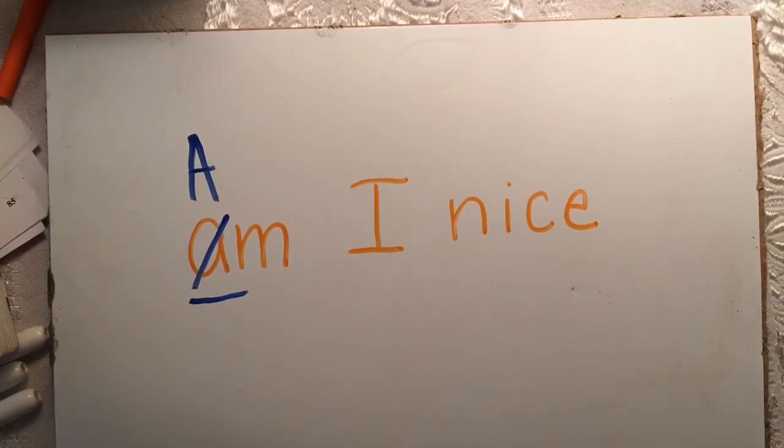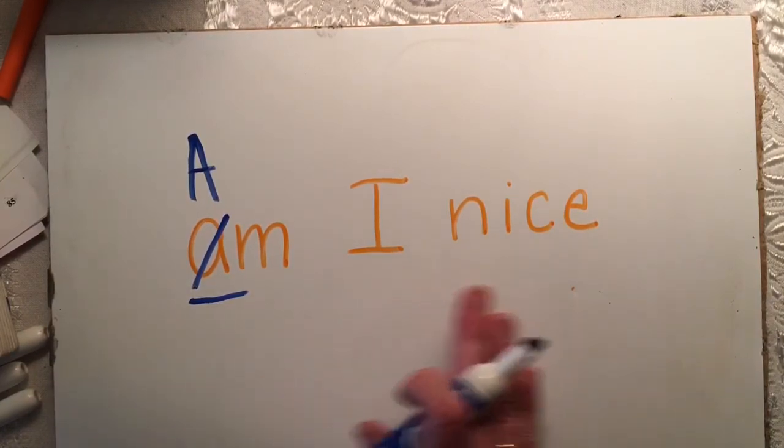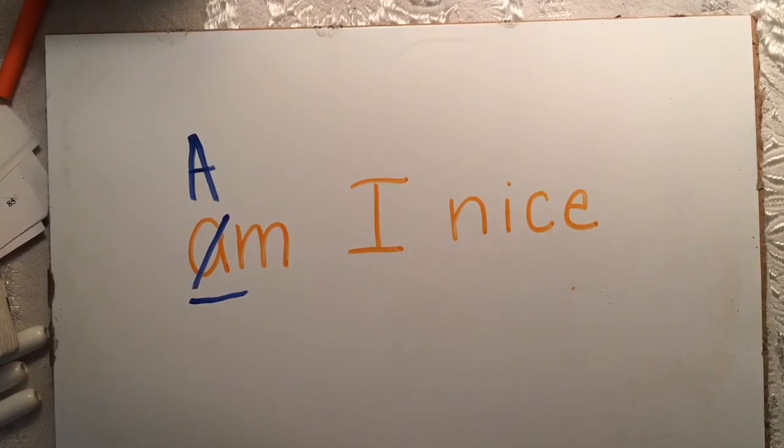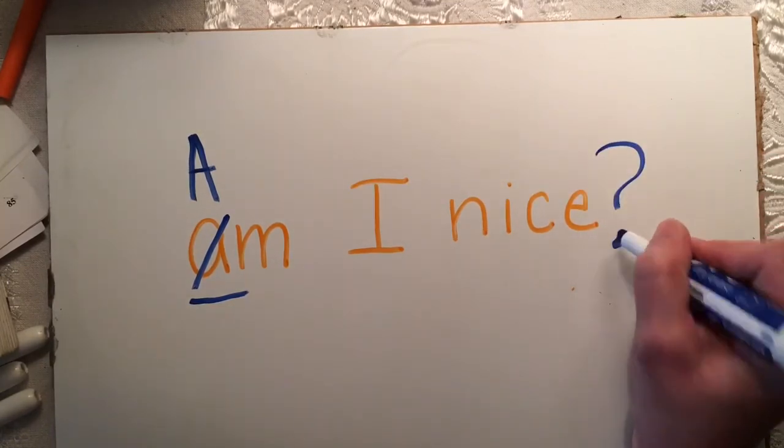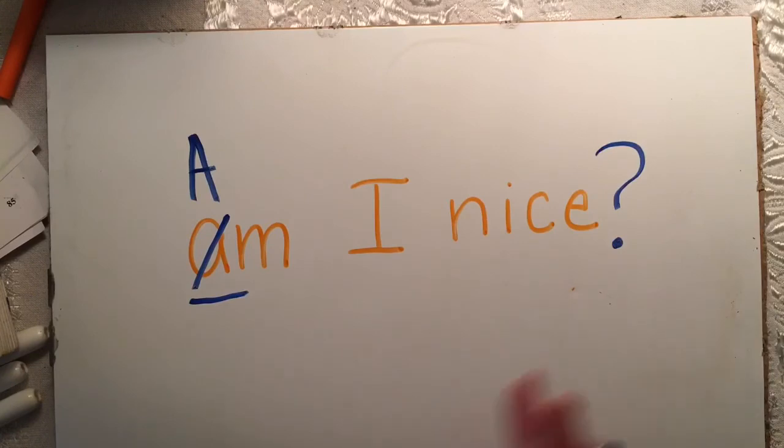And as I look at this sentence, am I nice, I notice that it's missing something at the end. I know for a thought to be finished, when I write it, it needs punctuation. I'm going to give that a question mark because I'm asking a question.